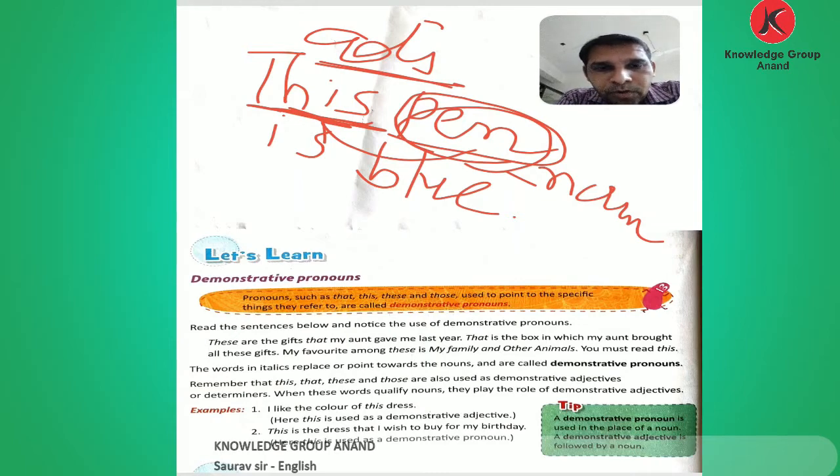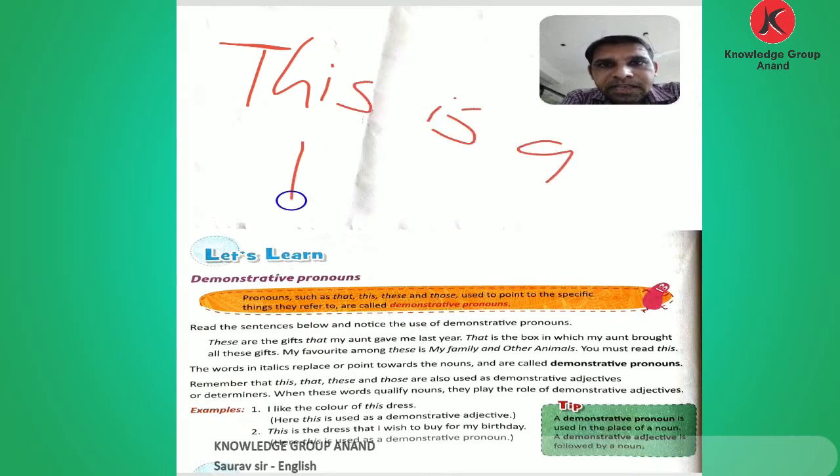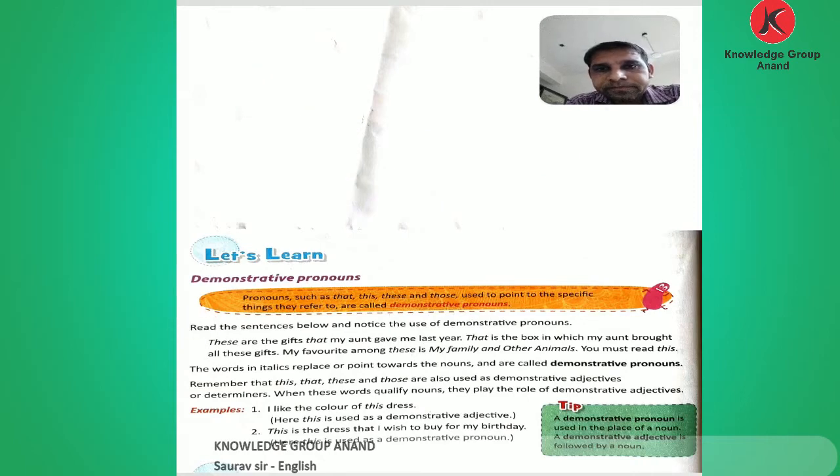But for 'This is a pen,' we use this as a demonstrative pronoun. This is how we recognize whether it is a demonstrative adjective or a demonstrative pronoun.